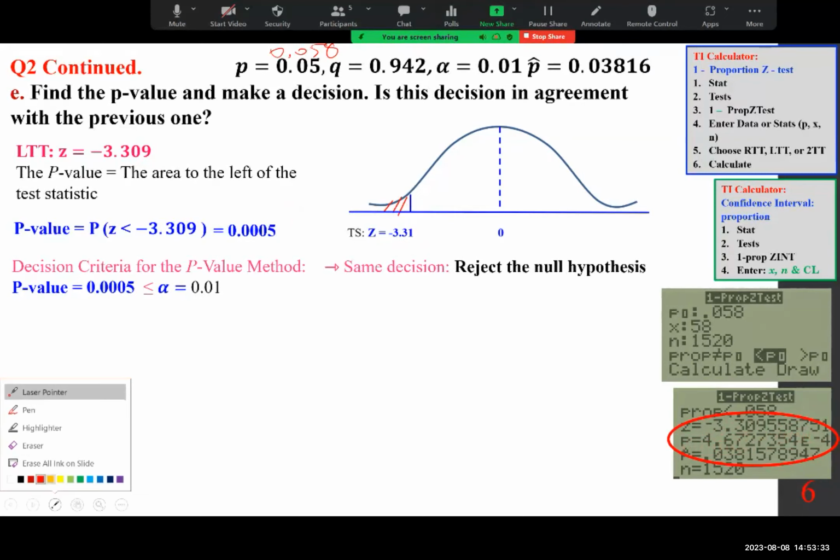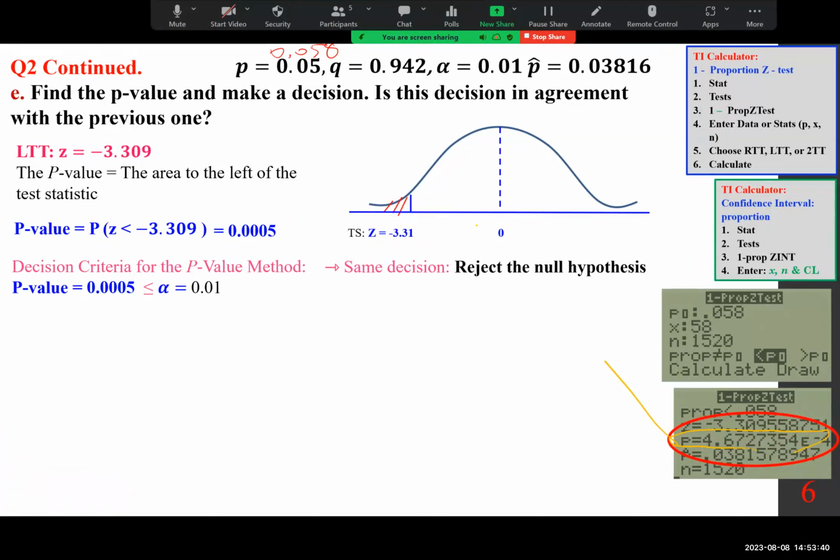I want to make sure you are comfortable with the concept. This means 4.673 times 10 to the power of minus 4. That's what E is for.